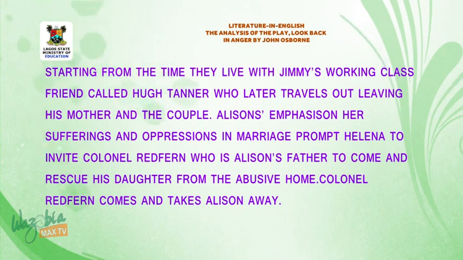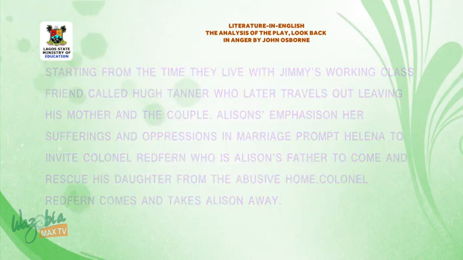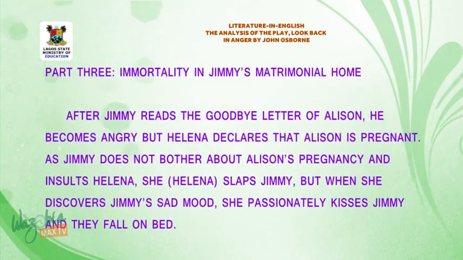Alison's emphasis on her sufferings and oppressions in marriage prompts Helena to invite Colonel Redfern, who is Alison's father, to come and rescue his daughter from the abusive home. Colonel Redfern comes and takes Alison away. Part 3 is titled Immorality in Jimmy's Matrimonial Home.